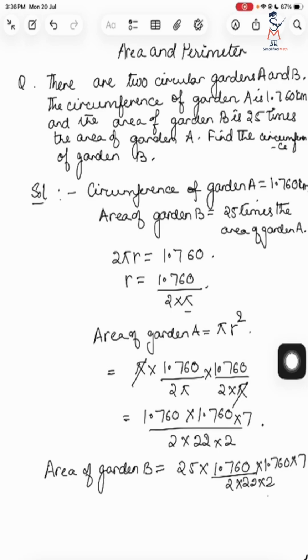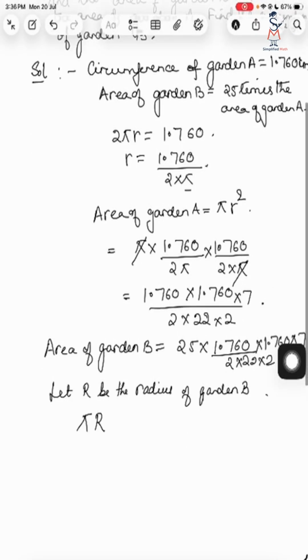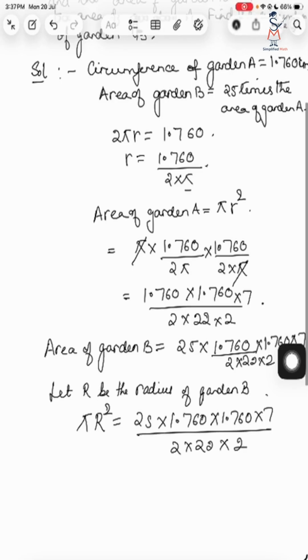Now the area of garden B is pi r square, but we don't know the value of r. So let r be the radius of garden B.